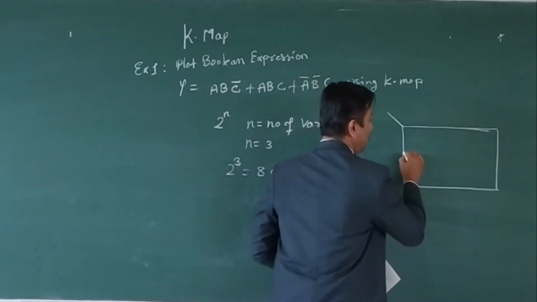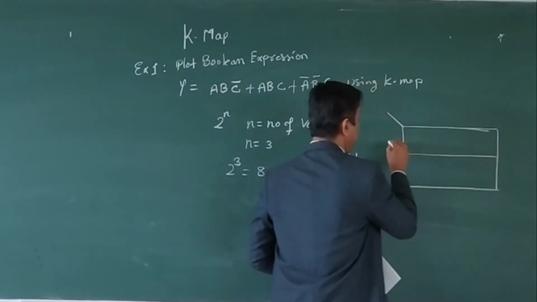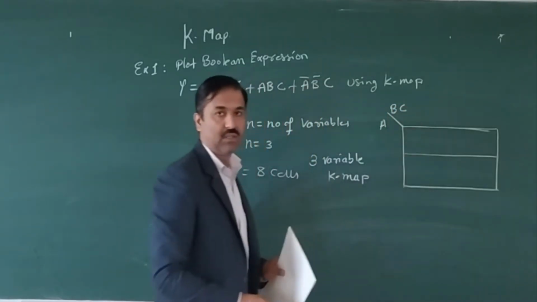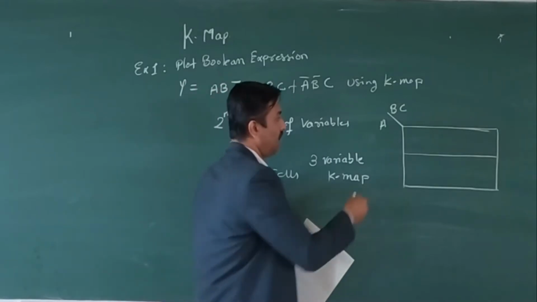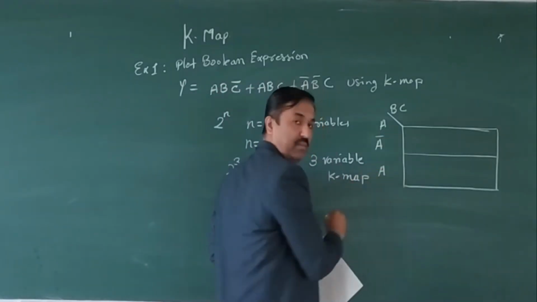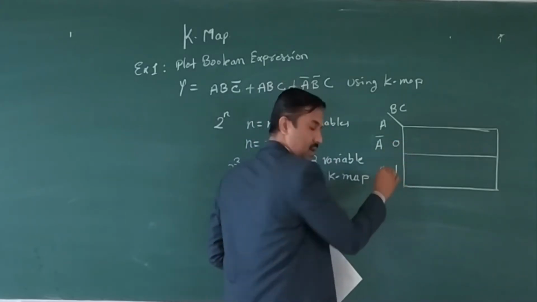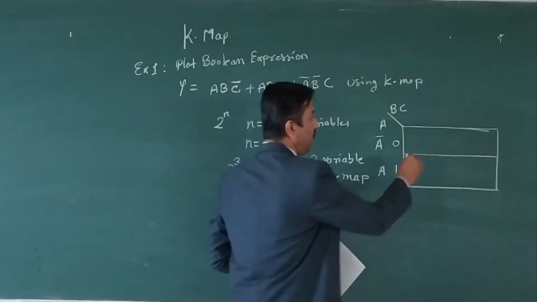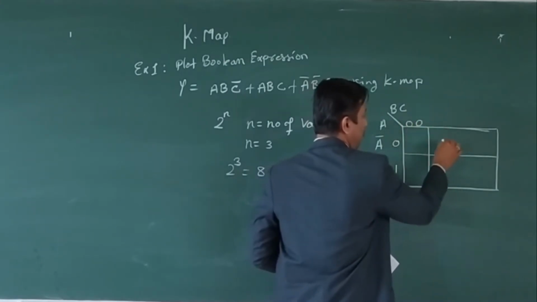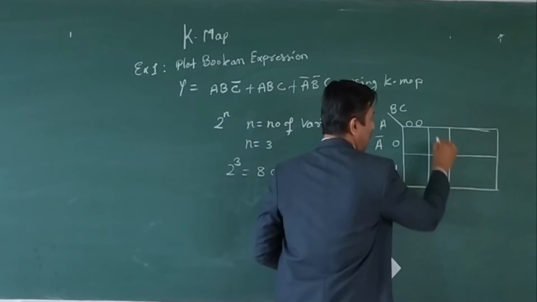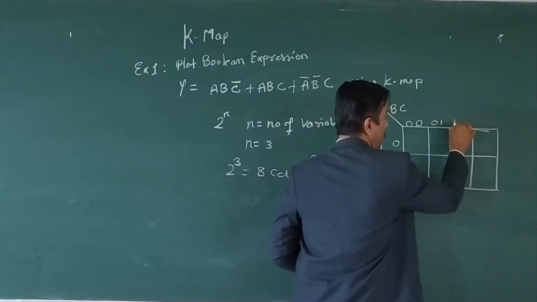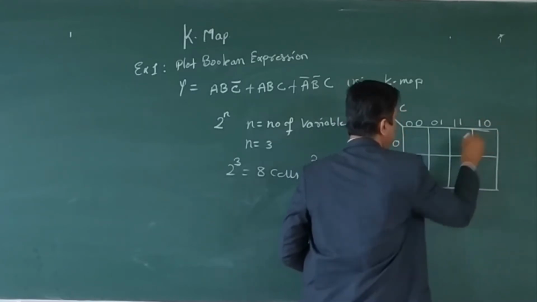It goes like this: A, B and C. On one side, represented by A bar and A, which is 0 and 1, and the next part is 0 0, 0 1, 1 1 and 1 0.